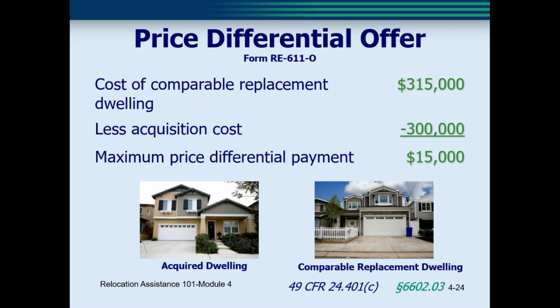So in this example on this slide, the most comparable property is priced at $315,000. The acquisition cost, or the fair market value of the displacement site, is $300,000. So the maximum price differential is $15,000. So this is what you would offer the displacee as their RHP.